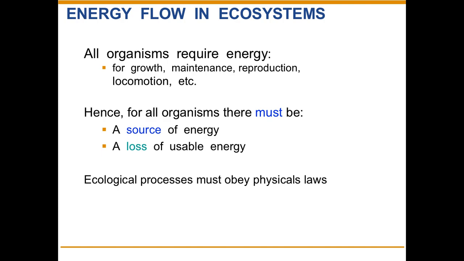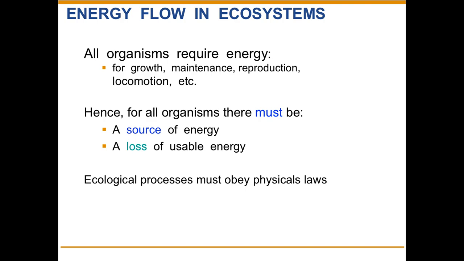So from an ecological perspective, all organisms require energy. They require energy to fuel their growth, to develop their gonads, for movement. But that energy has to come from somewhere. So for all these organisms, there has to be a source of energy, somewhere where they obtain their energy, either directly through the sun or by consuming other organisms.